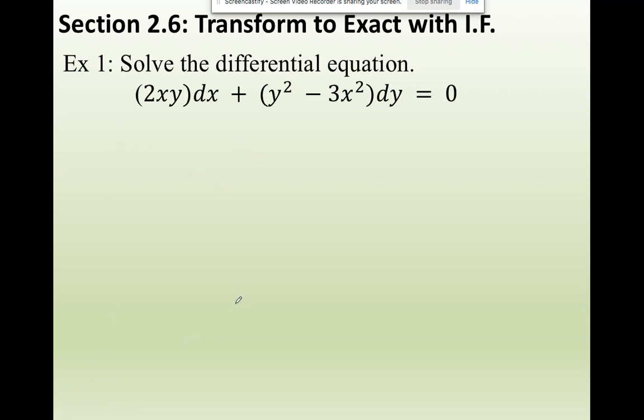So again, you're going to have to forgive me, I didn't type this out because this math gets a lot to type and then animate and all that kind of stuff. So I have my M and my N. Hopefully it's not too hard to see that my M with respect to y is 2x, but N with respect to x is negative 6x.